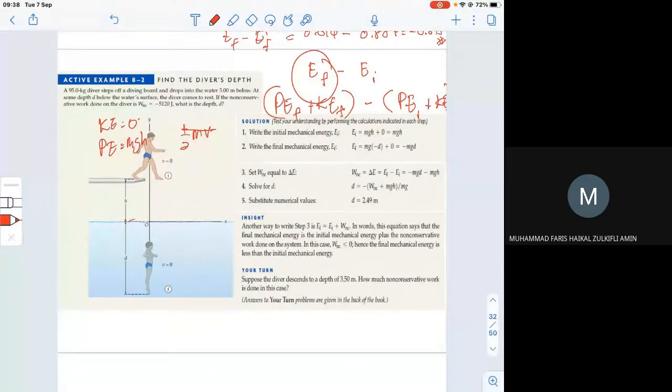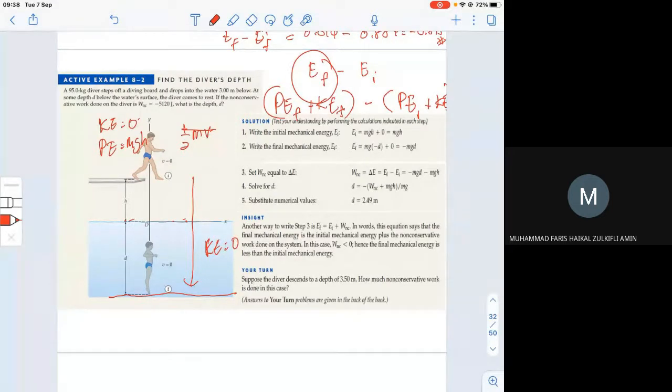Okay, MGH. Final dia nanti, sepatutnya budak ni dia terjun ke dalam air. So biasanya kita calculate semua dekat air lah. Tapi dalam kes ini, dia terjun sampai ke dasar. So, sampai ke bawah ni. Bila sampai ke bawah ni, once again, KE dia akan jadi kosong.